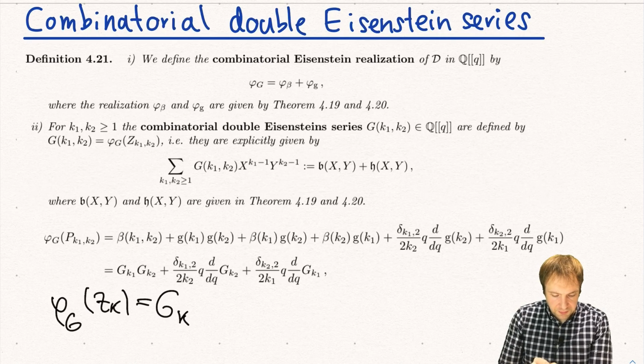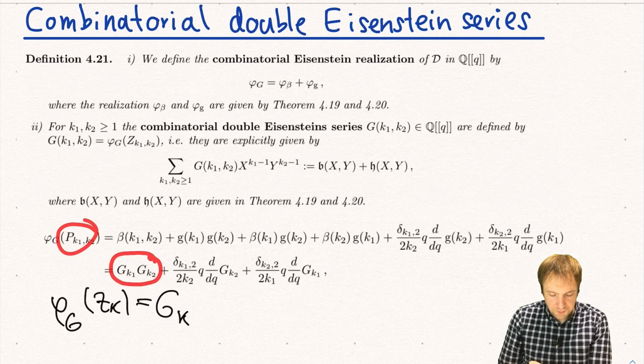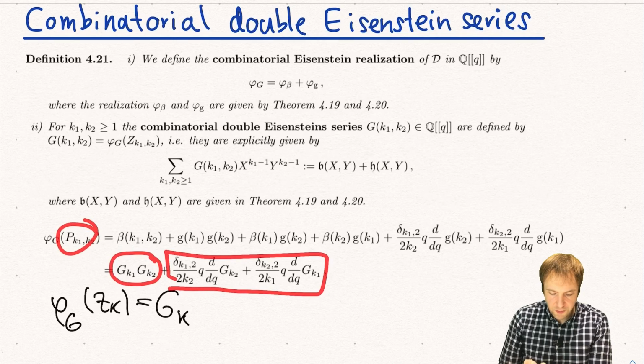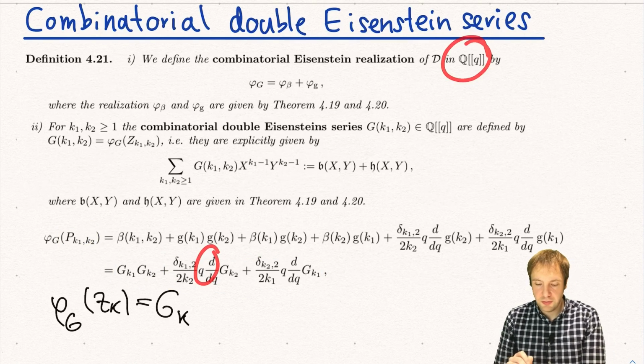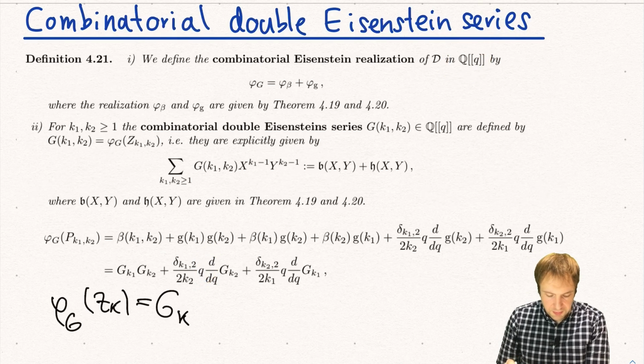So we see that the product here is given by the product of Eisenstein series plus this correction term with q d/dq, and q d/dq is a derivation on this ring here.